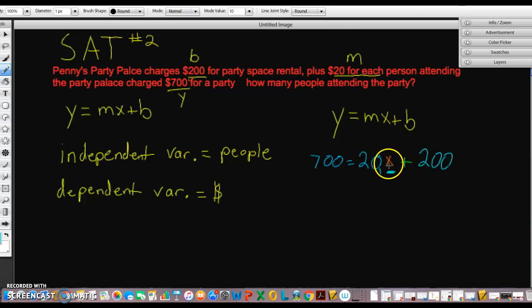And this makes sense because this is the independent variable, as in the x and y axis. The independent variable is always going to be the x-axis, and the dependent variable is always going to be the y-axis. So we're trying to find how many people attended, and we're just going to solve for it. First, we're going to subtract 200 on both sides.